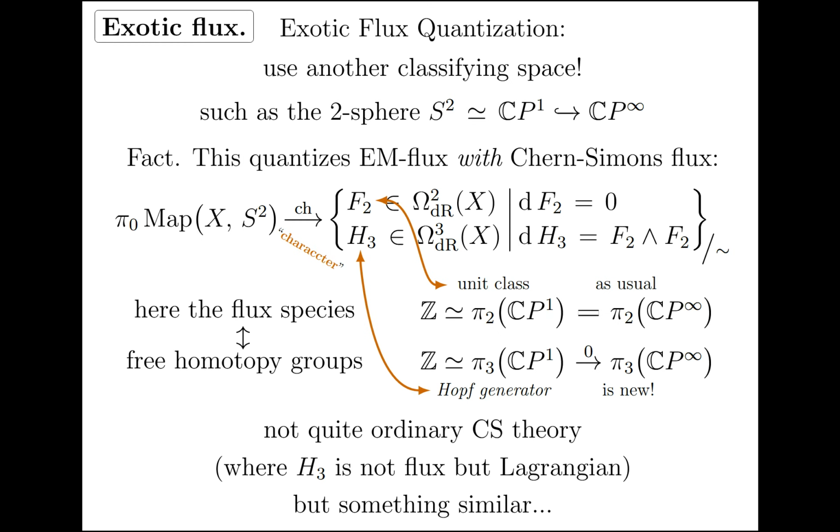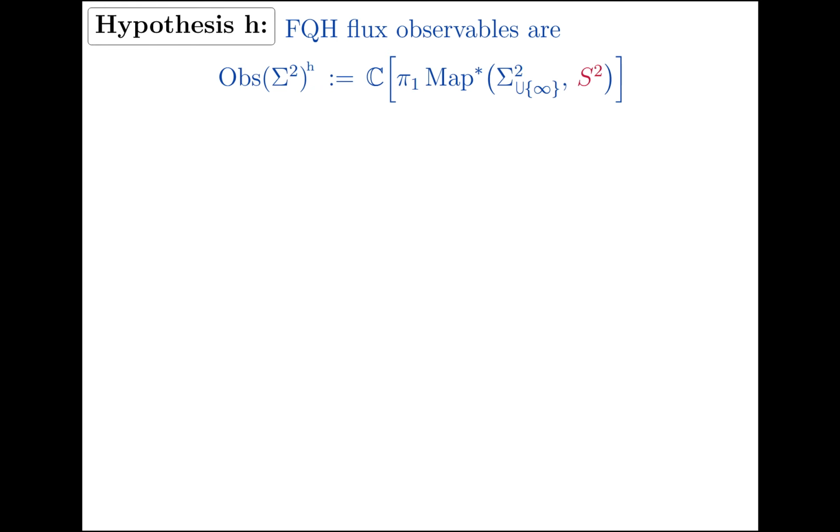Okay, now remember, after we understood what the rules of flux quantization are, we wanted to make a hypothesis for what the correct flux quantization law is. Well, we almost said it already here. We're going to look at the two-sphere. Concretely, plugging this into our formula, the hypothesis is that fractional quantum Hall flux observables are the group algebra of the pi 1 of this pointed mapping space from the one-point compactification, as it's called, of our surface, to this new classifying space, which is just CP1 instead of CP infinity.